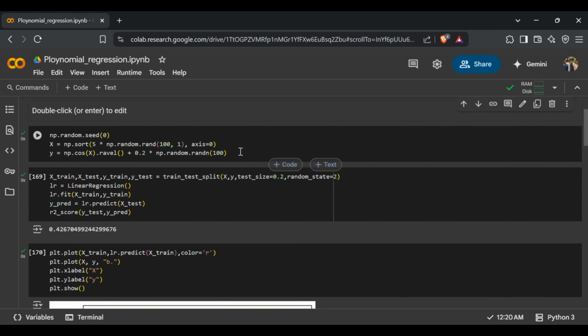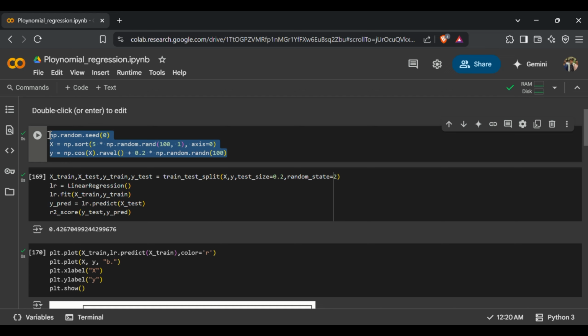Here I have created a data set. x is random points sorted in ascending order, with the range between 0 to 5, as I have multiplied it by 5. And y is cosine, so y looks like a cosine curve. You can see here.